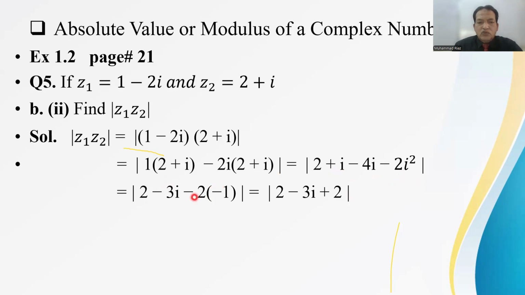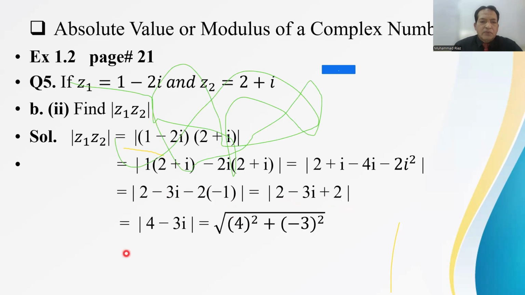Now minus 2 multiplied by minus 1 becomes plus 2. So we will write this whole value inside the absolute value as 2 minus 3 iota plus 2. Now look students, 2 is a real number. This 2 is also a real number. Both are now added with each other. 2 plus 2, 4.